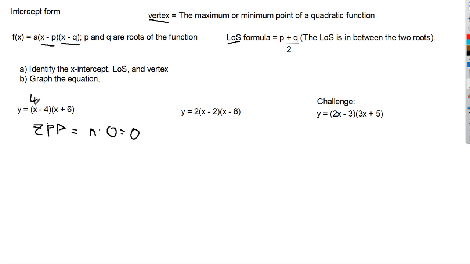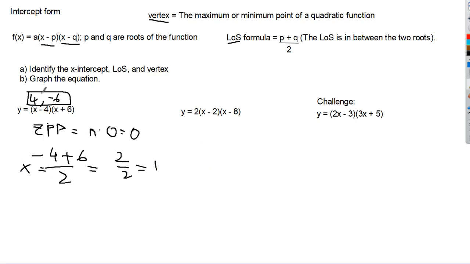You can plug 4 in, and you can plug -6 in, and it will all be 0. So these are the x-intercepts, right? Line of symmetry, use this formula. -4 plus 6 over 2 is equal to 2 over 2, which is equal to 1. So it's x equals 1.